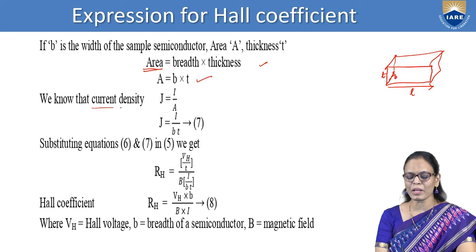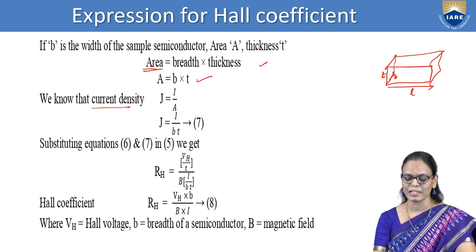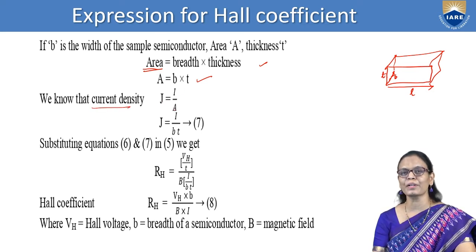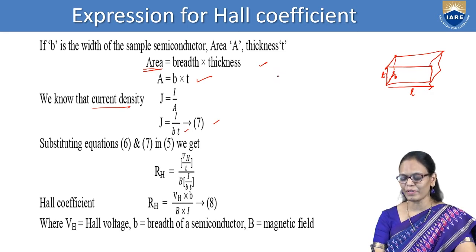And the general formula for current density J is current per unit area. Current density is nothing but current per unit area. J is equal to I upon A. For A we are going to substitute b into T. So J is equal to I upon b into T. Now let us substitute this value of J in the formula we have. What did we have?